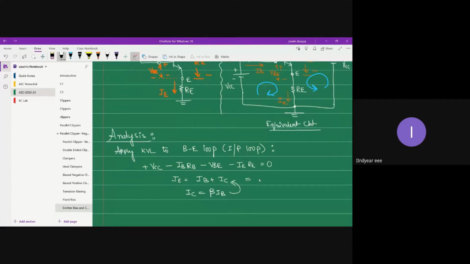So your IE becomes IB plus beta IB. Or if you take IB common, you would get emitter current as IB into 1 plus beta. Let's say this is equation 1 and this is equation 2.